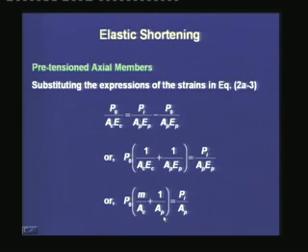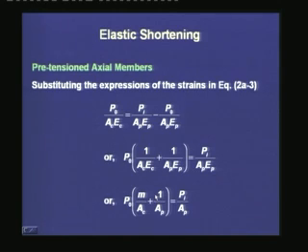Now, substituting these expressions in the expression of the strains, epsilon C is equal to epsilon Pi minus epsilon P0, we get this top equation, and once we transpose those terms like this, that means what we are doing is we are bringing the terms with P0 on one side and the term with Pi on the other side, and we are also substituting the ratio of EP and EC by the modular ratio.